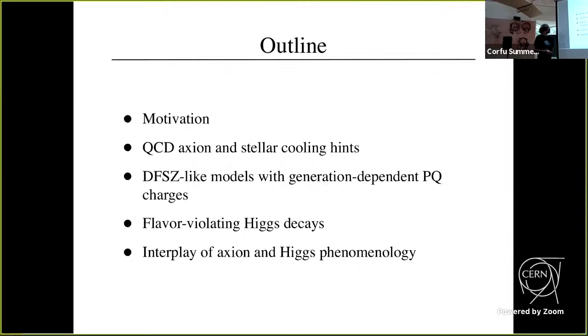So it's kind of a generalization of standard axion models. Then I will discuss in this setup Higgs phenomenology, including sizable flavor violating Higgs decays. And finally, I will show that there is an interesting connection between the phenomenology of the axion and the Higgs.